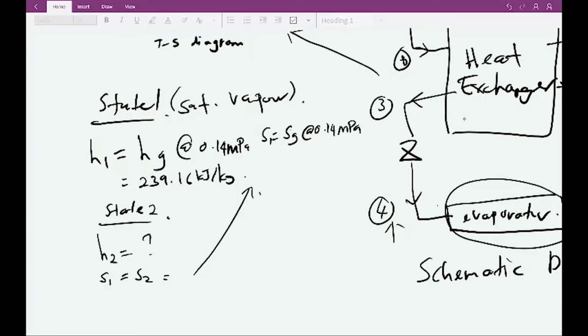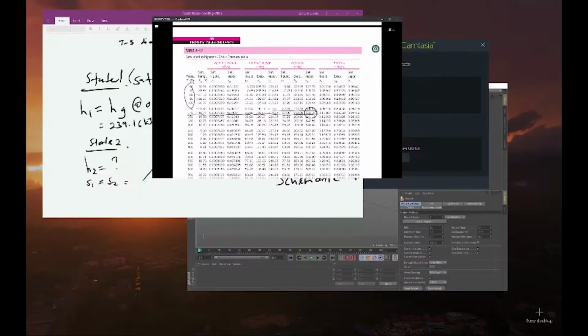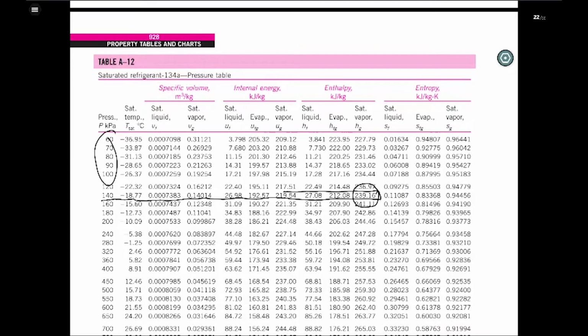To find your entropy on your first state, we go back to the same table, and also the same line because it's the same state, and look at the next column, which is entropy.